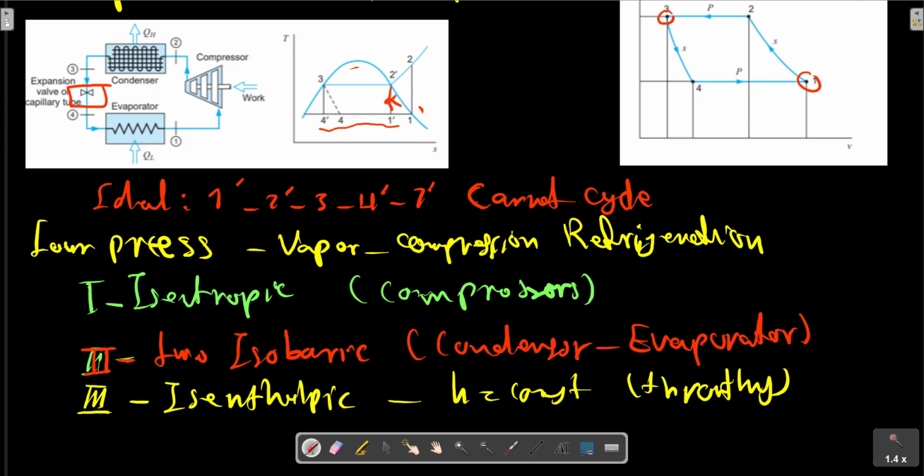We have 4 known processes between 4 states with 8 properties. It is assumed that state 3 is saturated liquid, as we said before, and state 1 is saturated vapor after the evaporator.